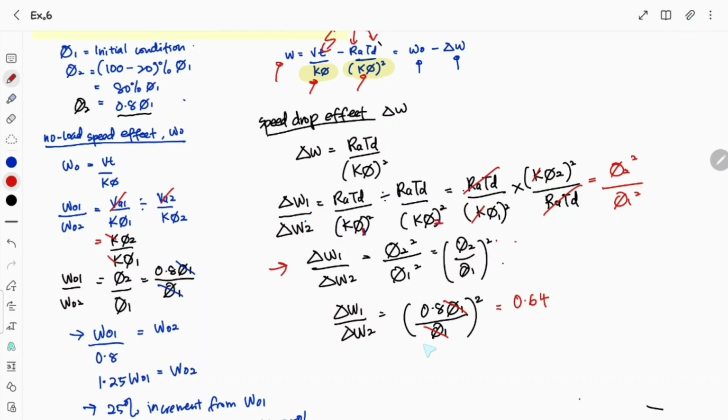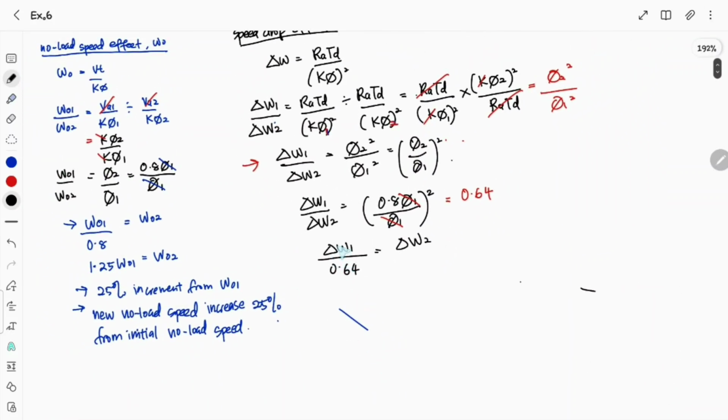Okay, and since we wanted to see the effect of the speed drop, we wanted to see this delta omega 2. So bring this one to the right side of your equation, which gives you 0.64 equals to delta omega 2, and solve this part. This one is 1 over 0.64. How much do you get?